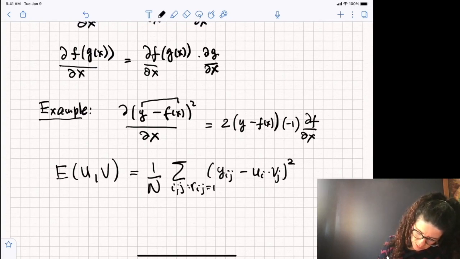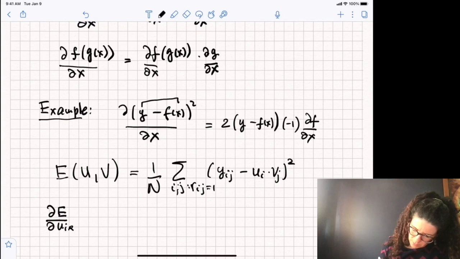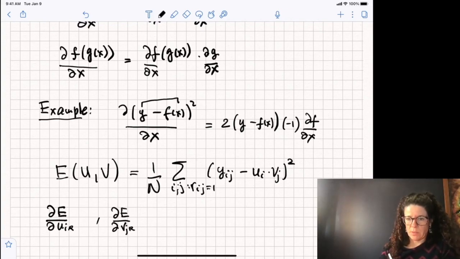We are interested in dE/dU_ik, and we are also interested in dE/dV_jk. These are two numbers, actually, right? We have the vectors U_i and V_j, and U_ik is one of the dimensions of the vector U_i. V_jk is one of the dimensions of the vector V_j. Those are the derivatives that we're going to need to be able to compute the gradient descent equations.